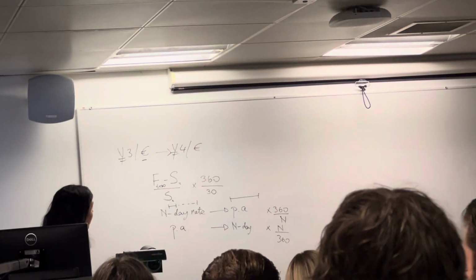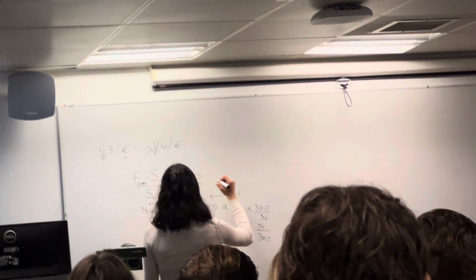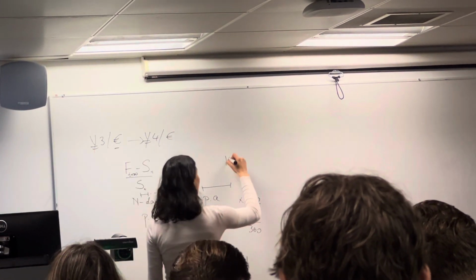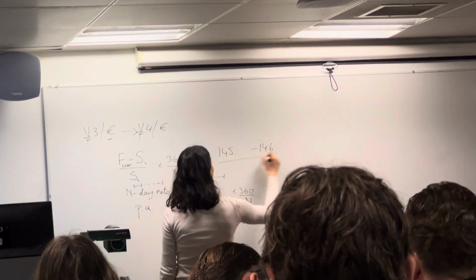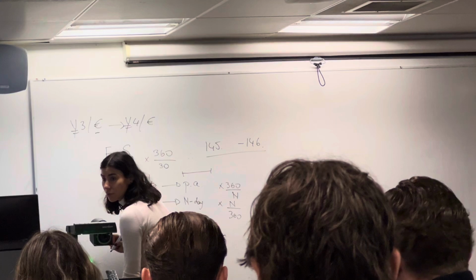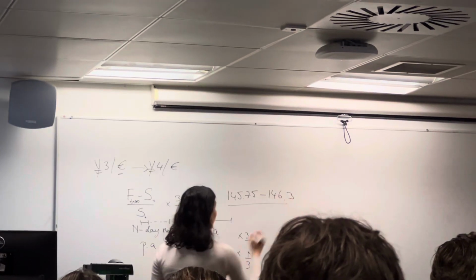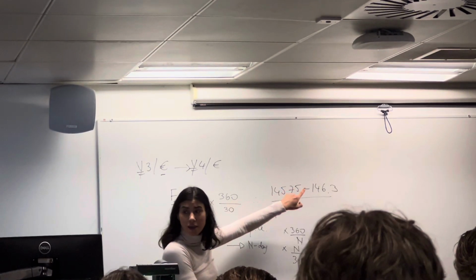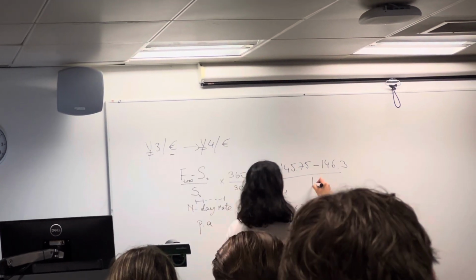So this is divided by 3. So here, the first one, I'm just writing the rate. This is the forward rate at 30 days, and this one is the spot, 146.3, right? Over spot.